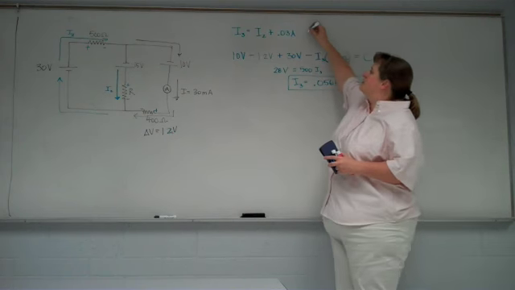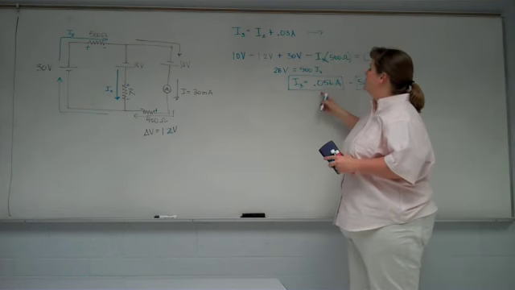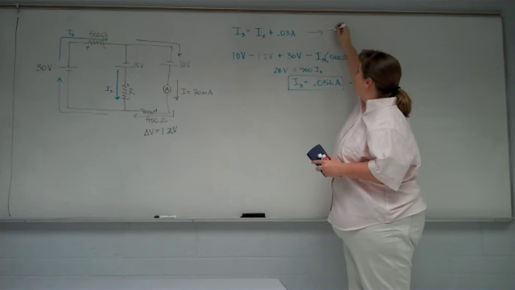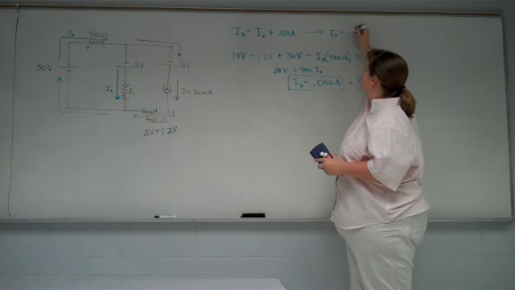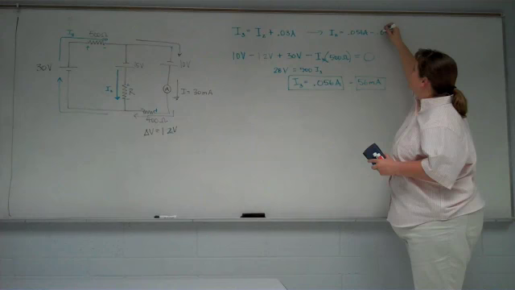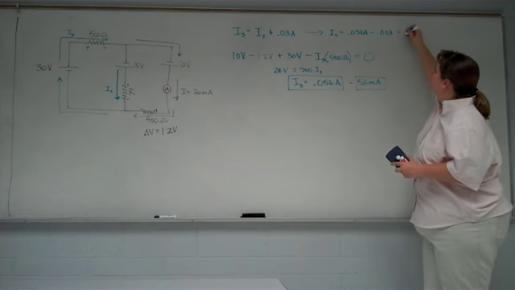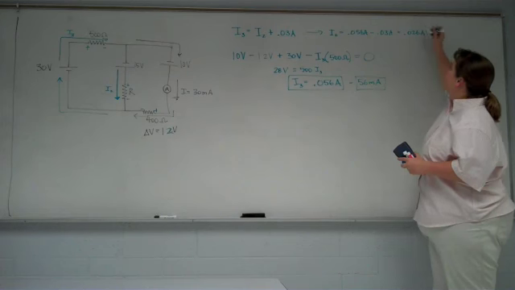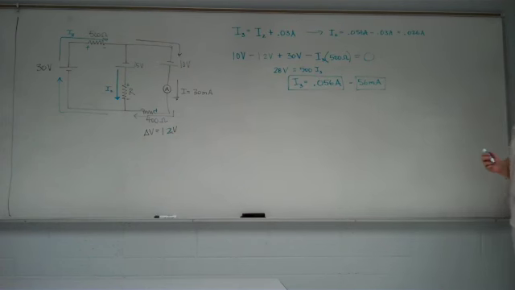Coming back to our equation up here, we now know I3. I2 is going to be I3 minus the 0.03. So 0.026 amps.